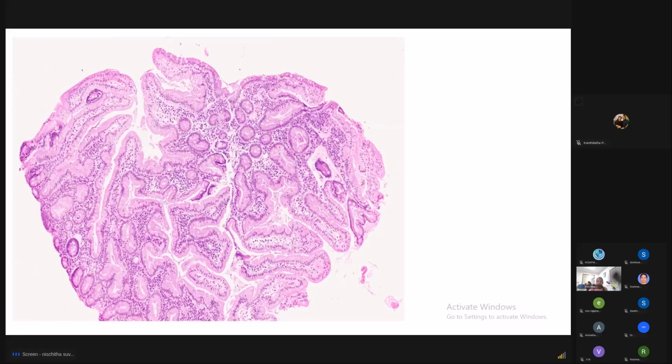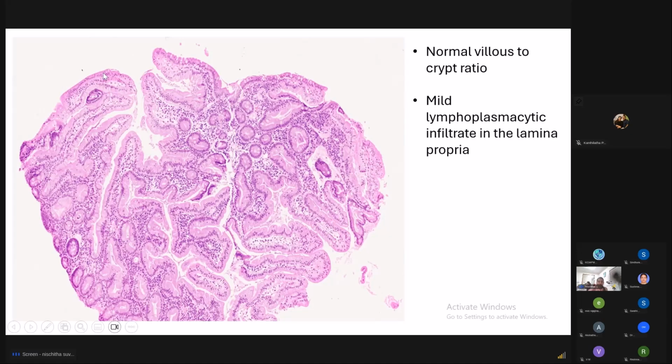This is a low power image of the fragment of duodenal mucosa, where we can see that the villi to crypt ratio is maintained. The normal villi to crypt ratio is usually 3:1 or 5:1, and almost 4 consecutive villi appear normal. On low power, the lamina propria shows a mild lymphoplasmacytic infiltrate.